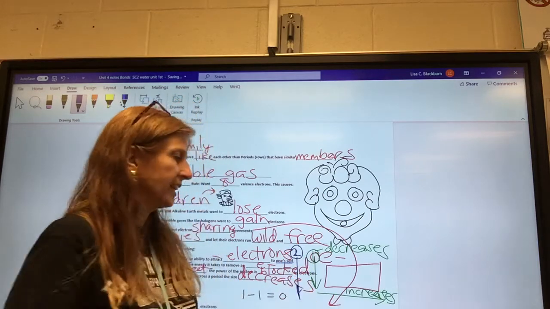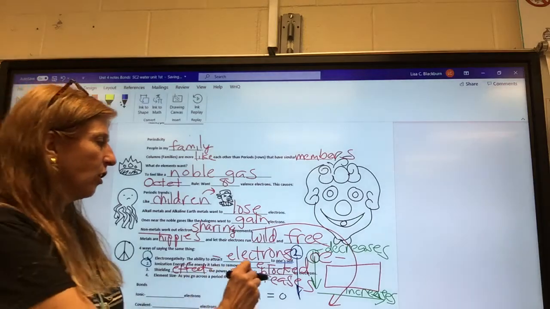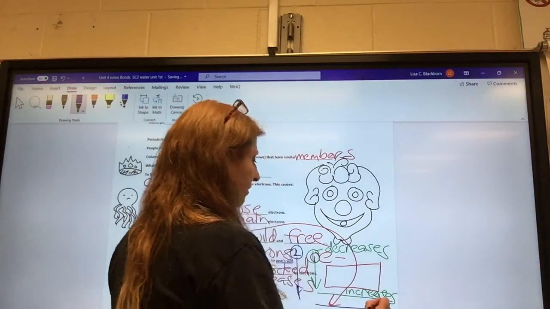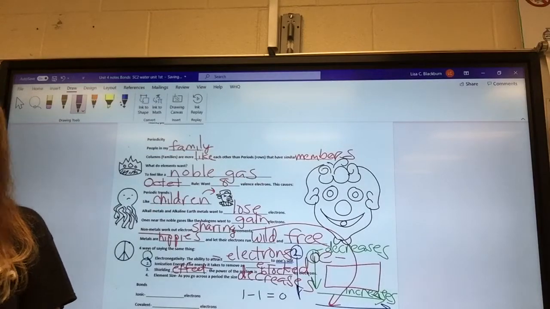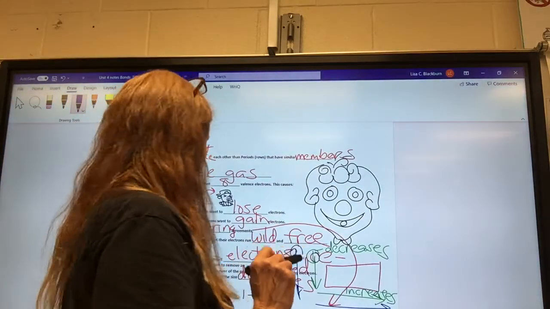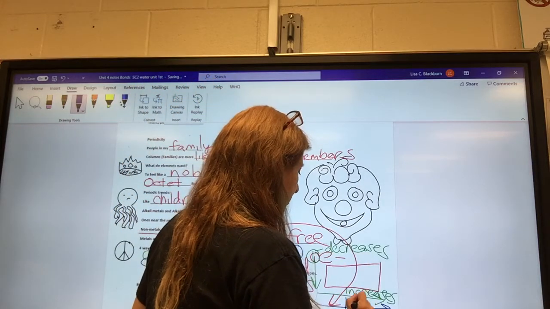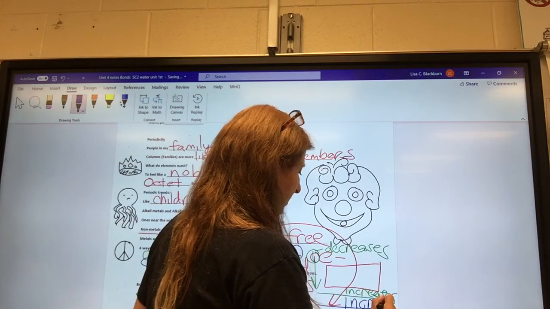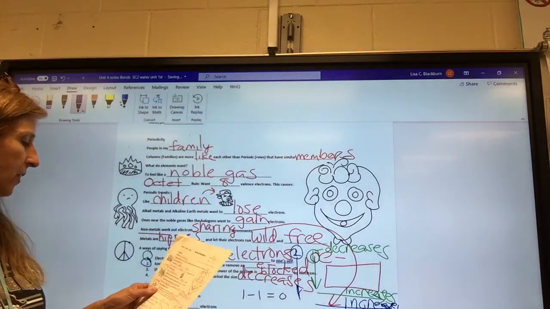That energy takes less. Does that make sense to you? As you go across, what does it do? Does it take more or less energy to remove it? More, so this energy increases. These two are the same. It increases for number 2.